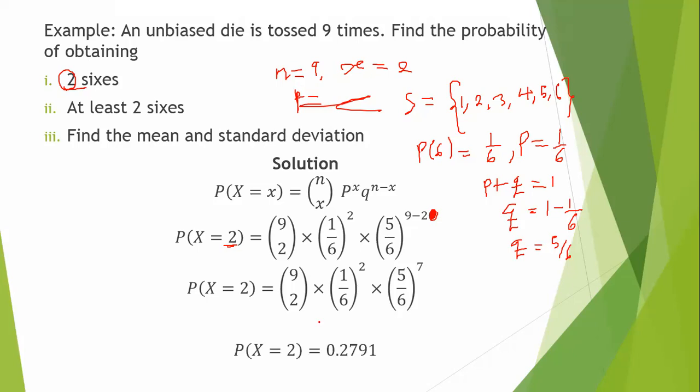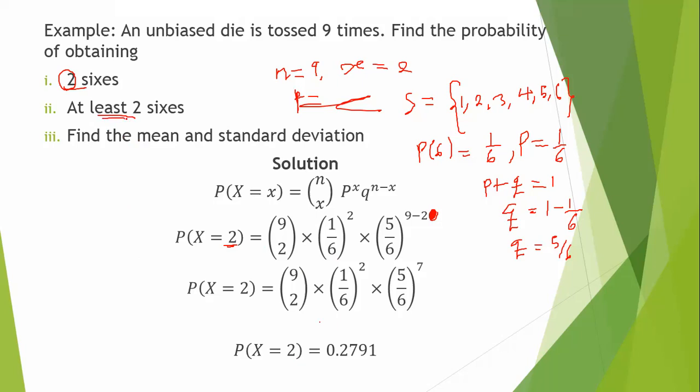Okay, so when we calculate, we shall get our probability of x equaling to 2 as 0.2791, when we put those values in a calculator. Then we can go to our second example.